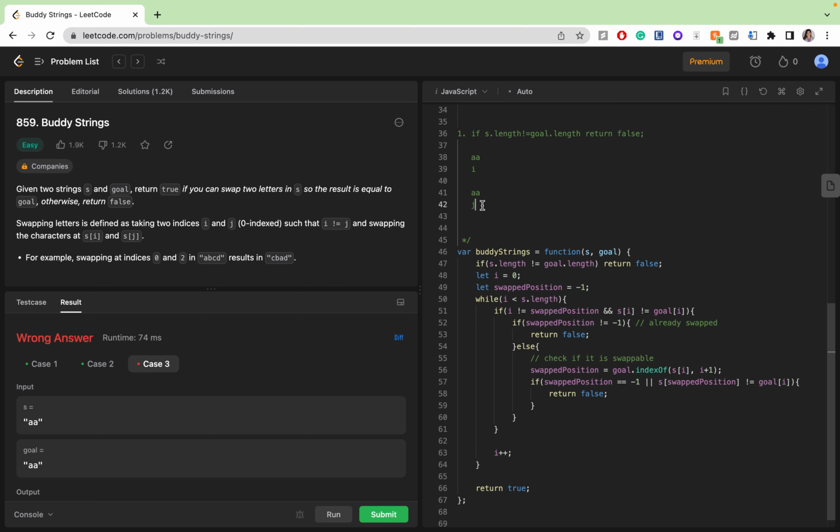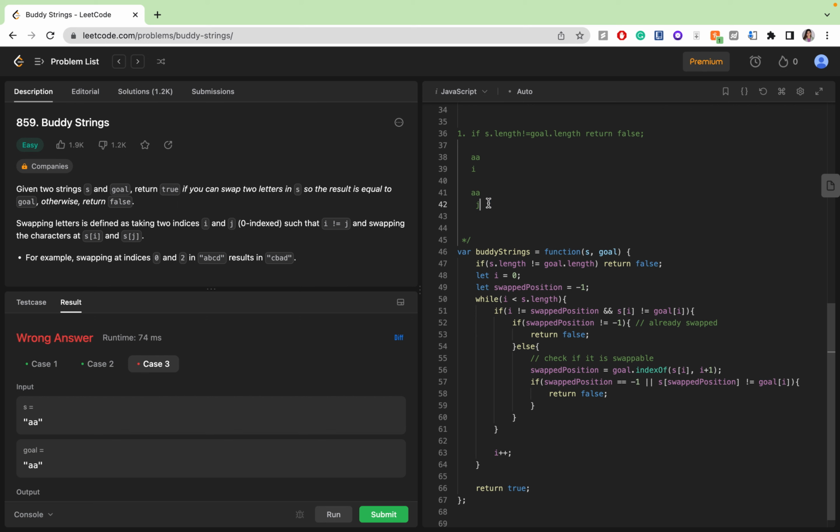A is not equal to A. If given two strings s and goal, return true if you can swap two letters in s, so the result is equal to goal.